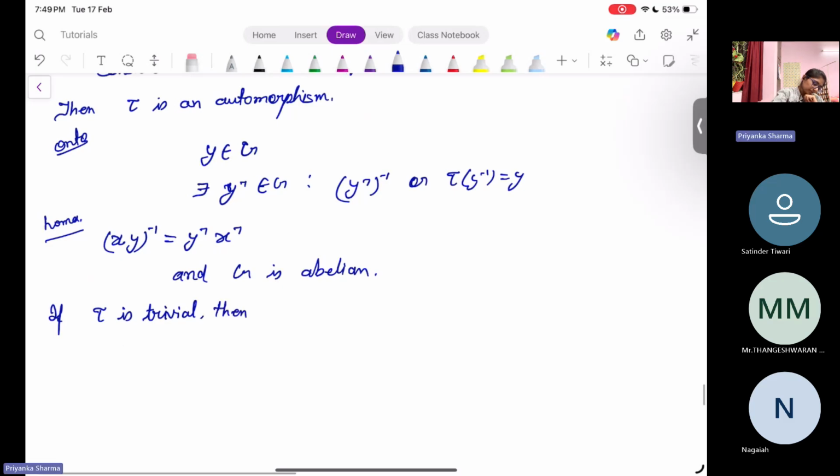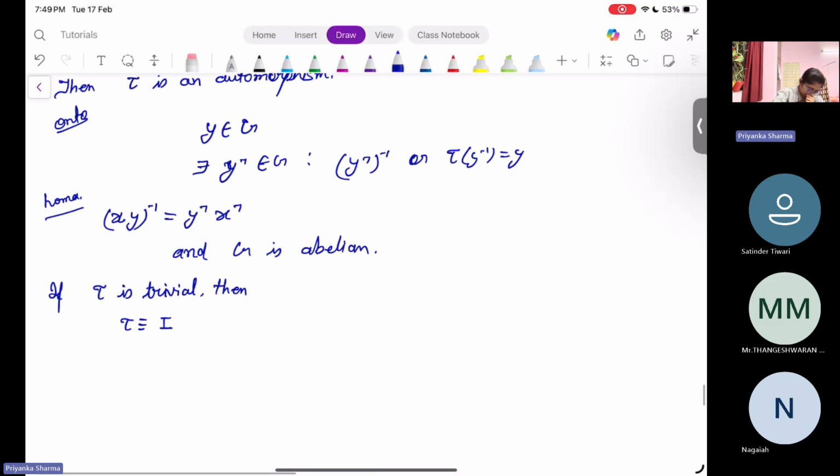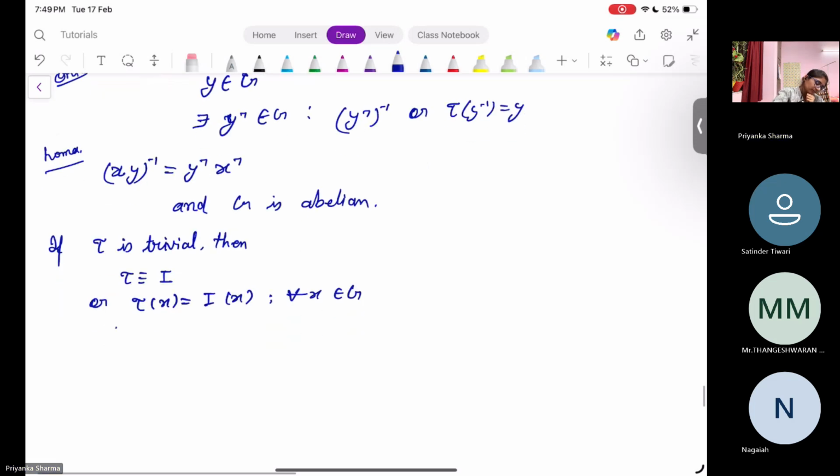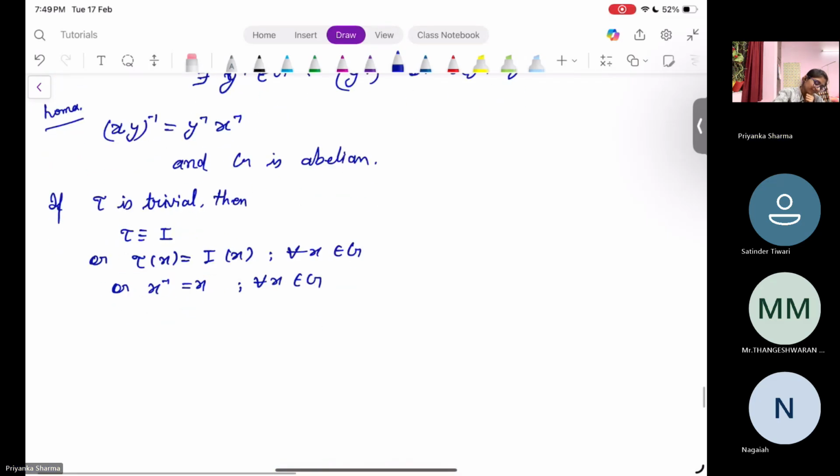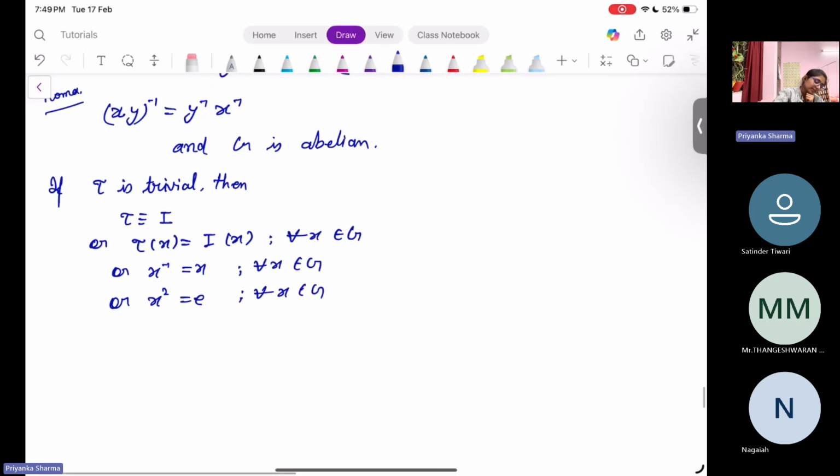Tau will be trivial if this is the same as the identity, or tau of x is I of x for all x belongs to G, or x inverse is x for all x belongs to G, or x square is identity for all x belongs to G, right?